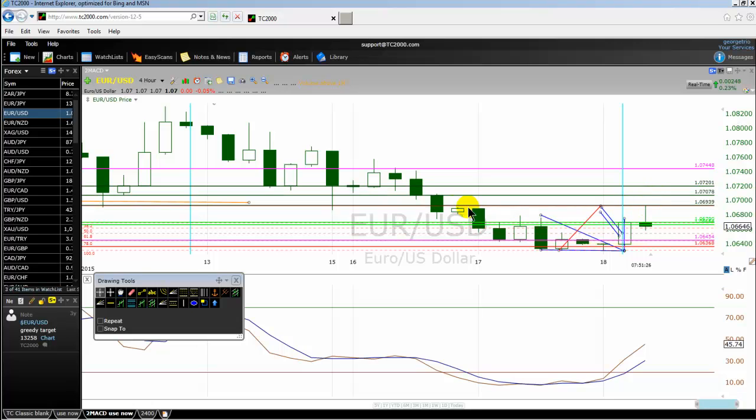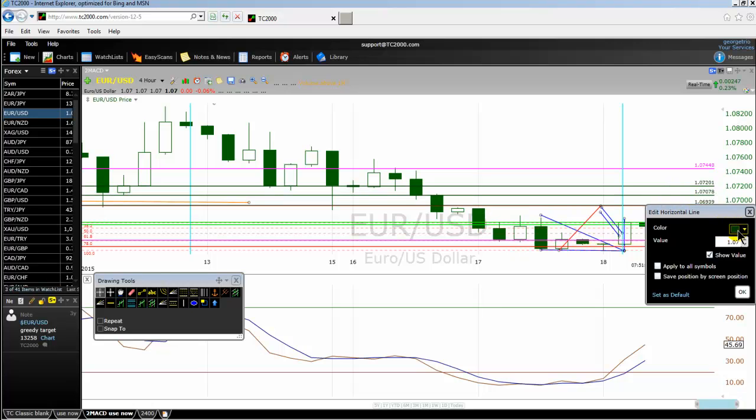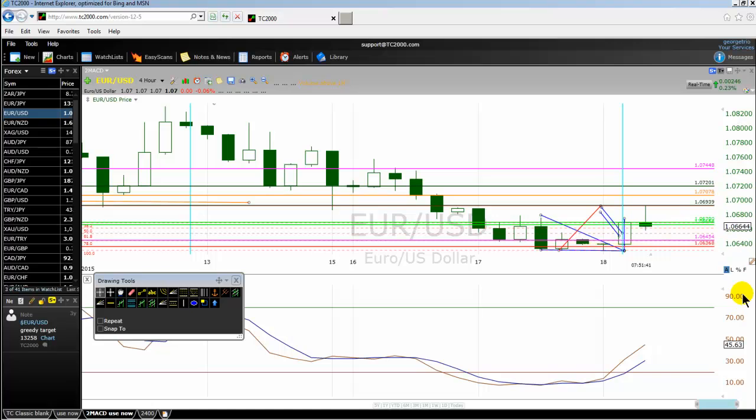You see these two candles, the closing price and the opening price of these two candles. In fact, I will do it now. I'll color it in orange. It's a limit order to close the trade.